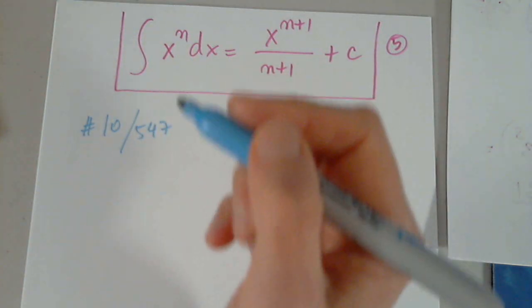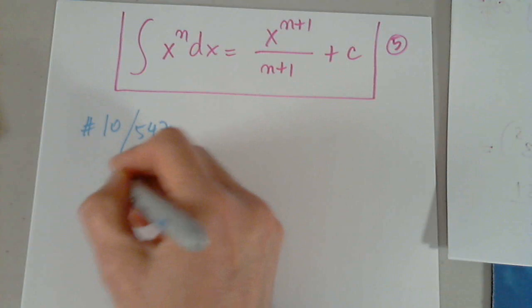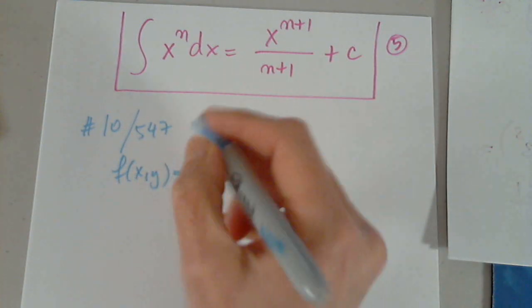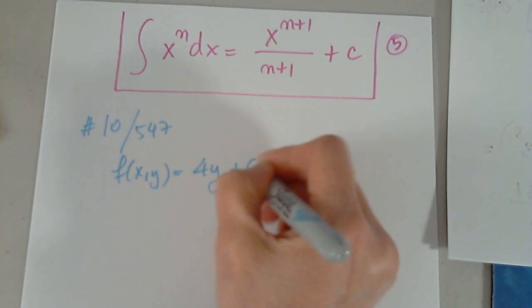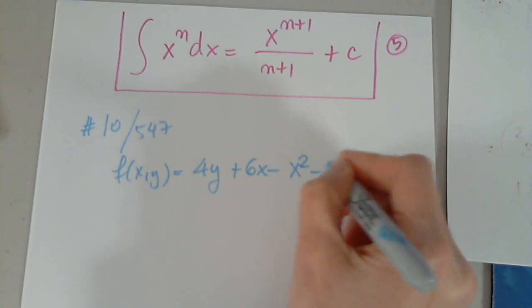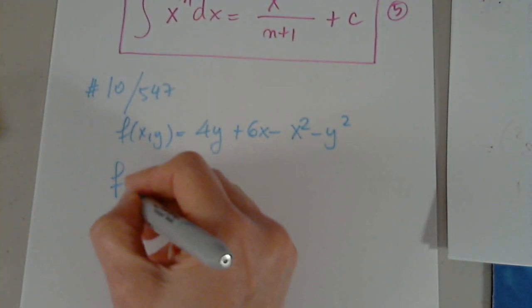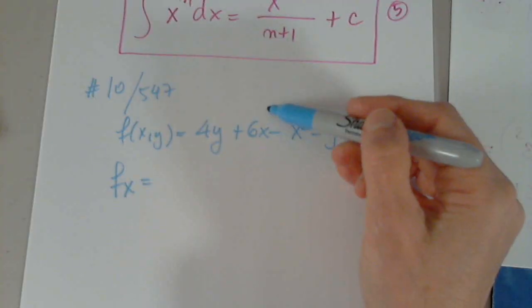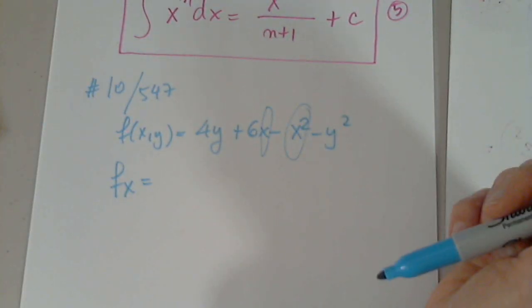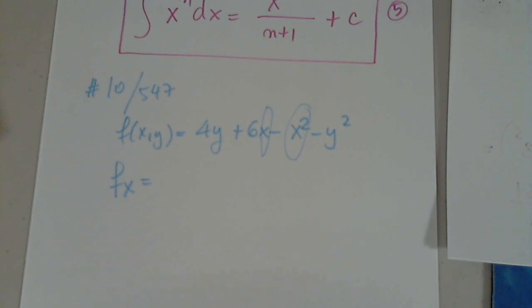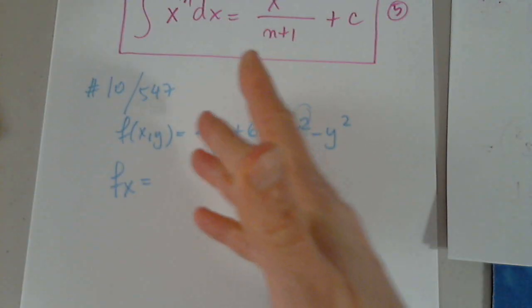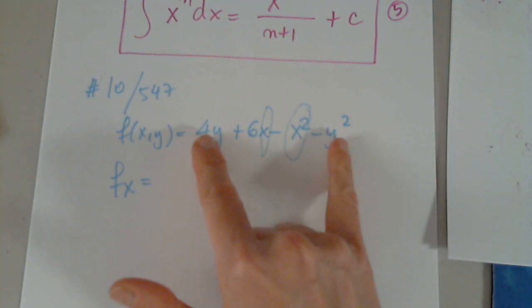Yeah. Okay. So f of x, y is 4y plus 6x minus x squared minus y squared. So fx means the only variable is x. Everything else is constant. So when I differentiate this with respect to x, these will disappear. They will be 0.